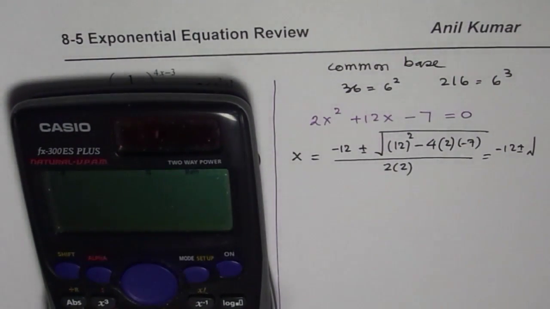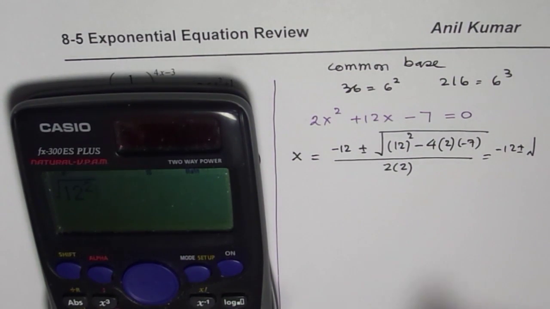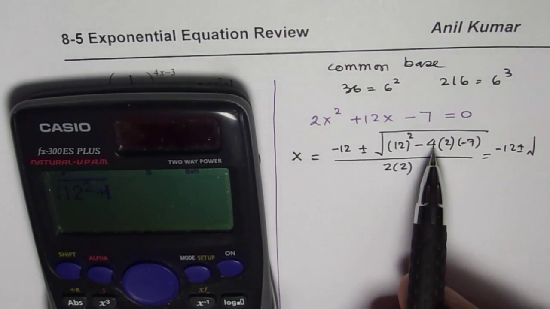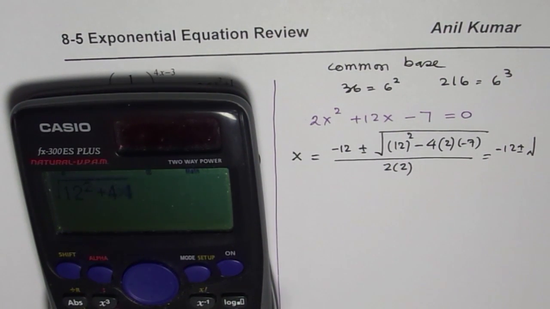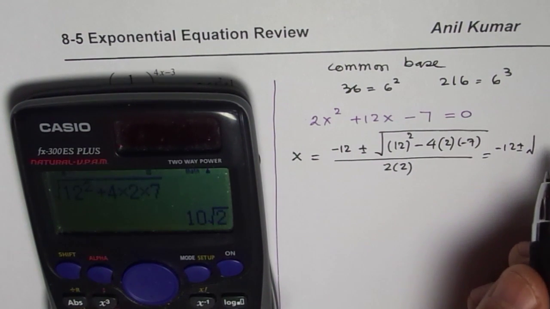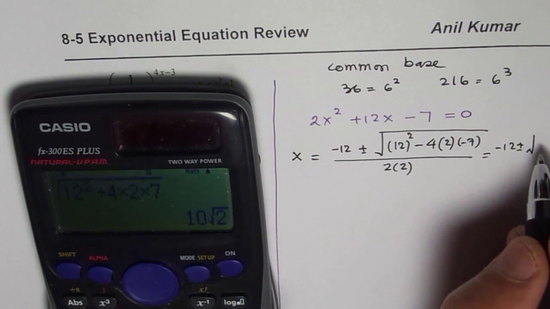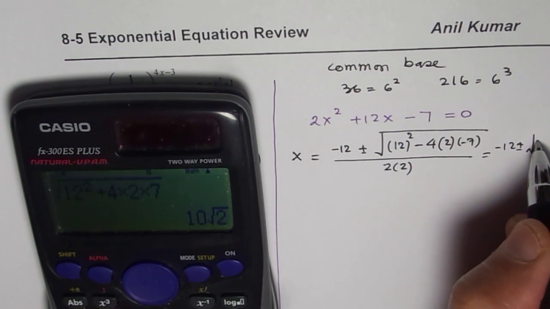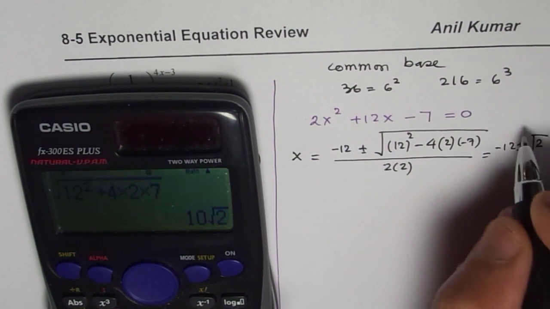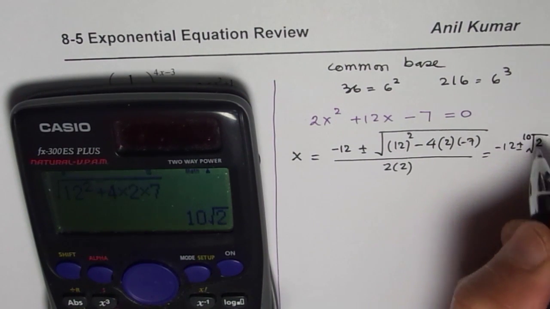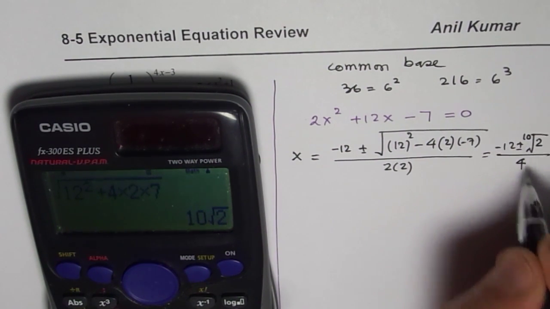So 12 squared, minus minus becomes plus, 4 times 2 times 7, and this is equal to 10 square root 2. So 10 square root 2, divided by 4. Fine.